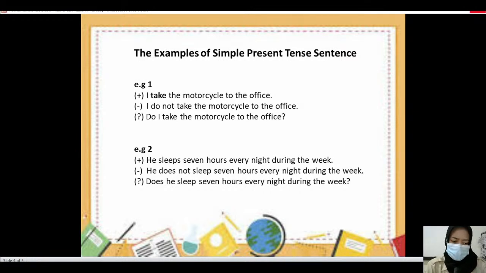I repeat the material. So what is simple present tense? Simple present tense is what happens right now. Kalimat atau pernyataan yang terjadi saat ini atau universal atau sudah diketahui secara umum.